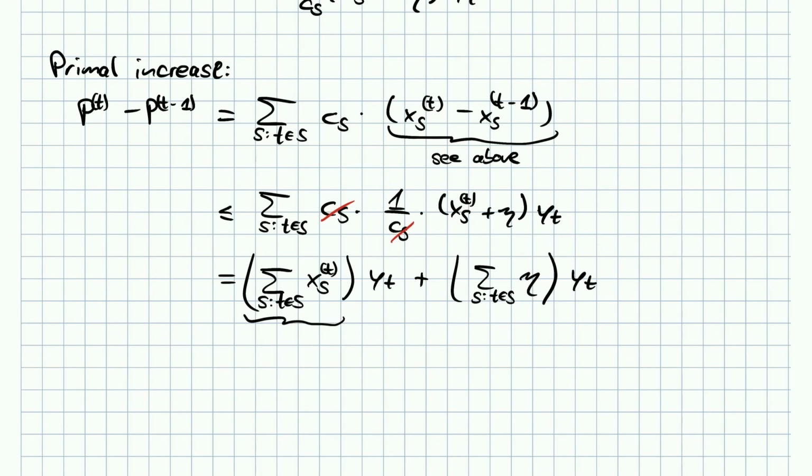This here will be equal to 1 because we must increase the xs exactly so that the new element is exactly covered by 1. And what do we have here? Well, we just have at most n times eta, so this is equal to 1. So overall, this is at most 2 times yt.